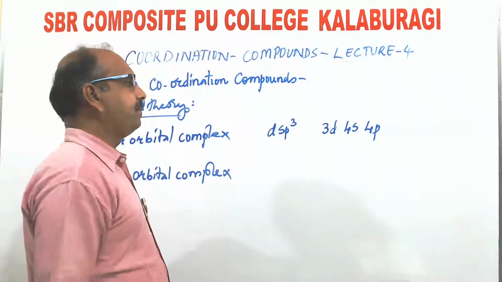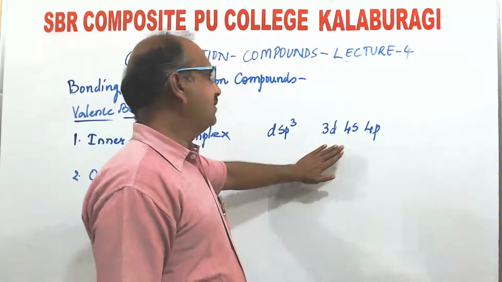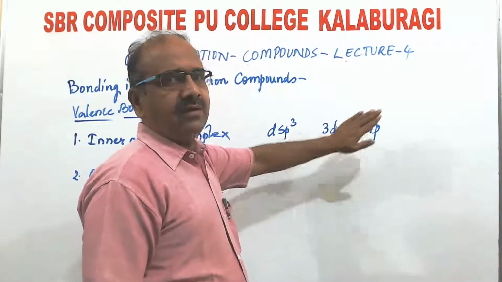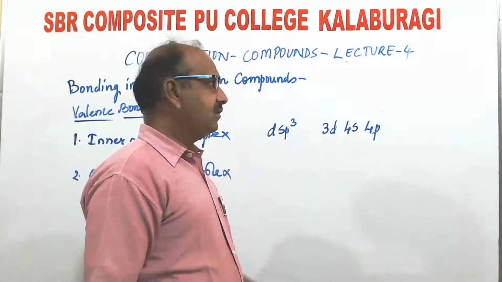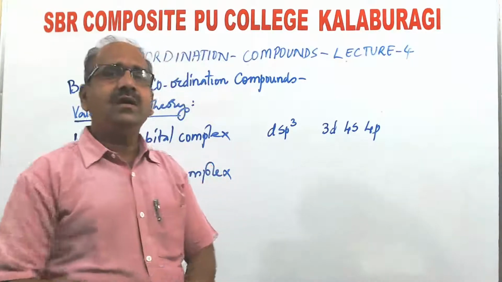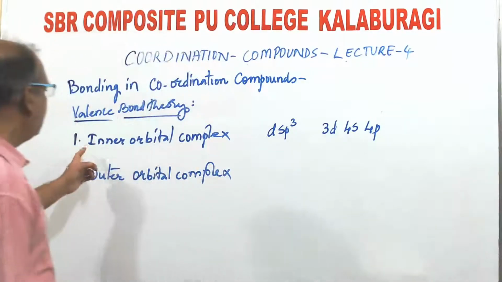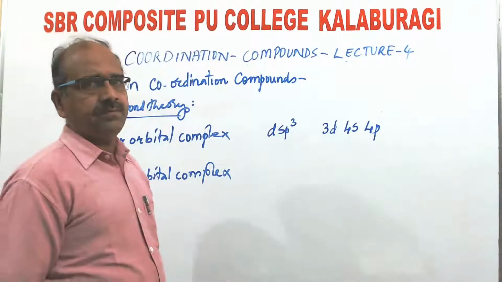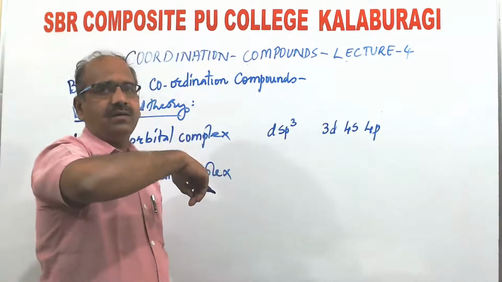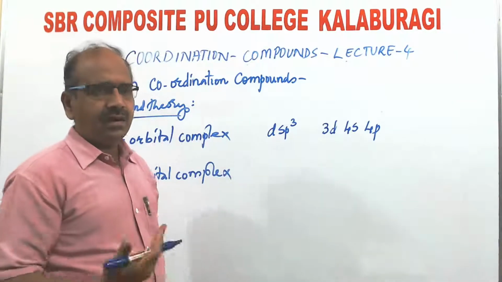First the 3d of the metal atom is filled with electrons, then the 4s, then the 4p. This way the orbitals are made ready for the ligands to donate electrons; these are called the inner orbital complex. First the inside orbital is filled, later the outside orbital.